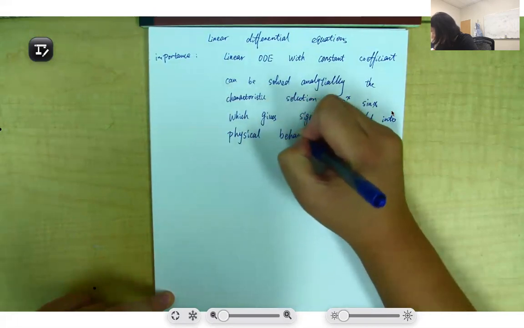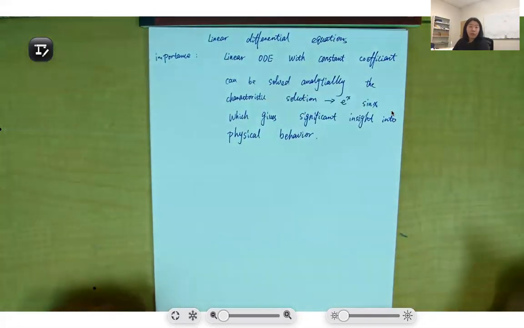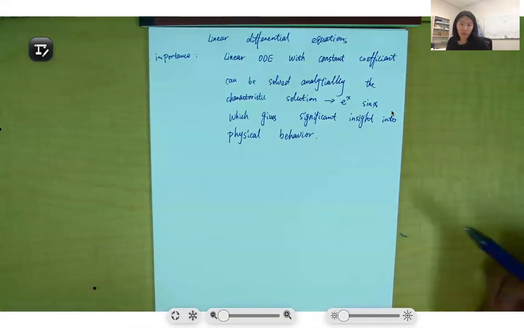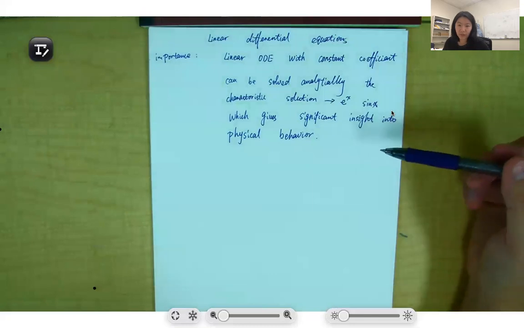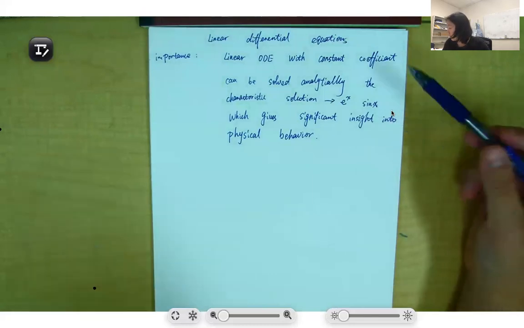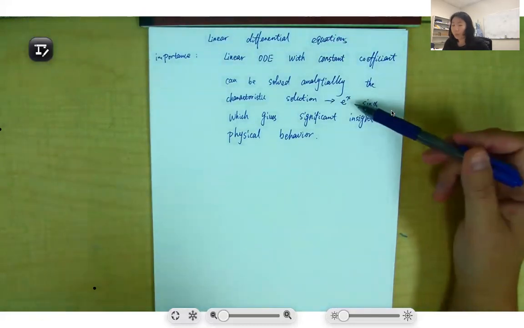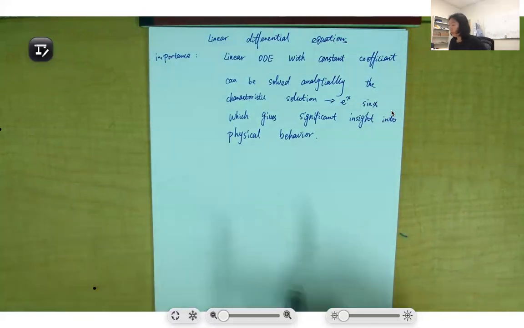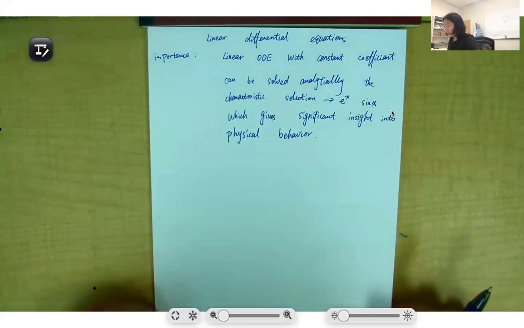So for example, like our motivation case, which has the constant coefficient linear differential equation, and usually the solution looks like the exponential term or sine cosine form. It will give you how the spring will be damping, with a physical insight.